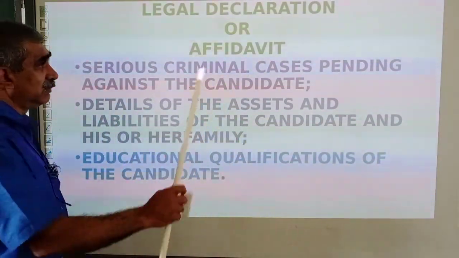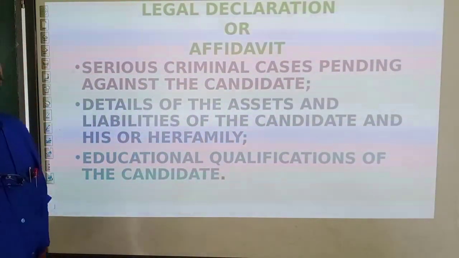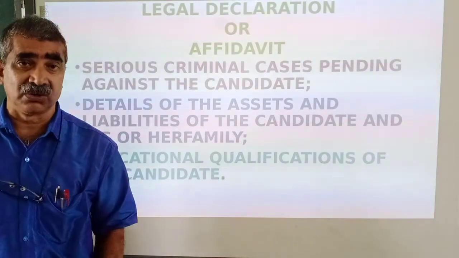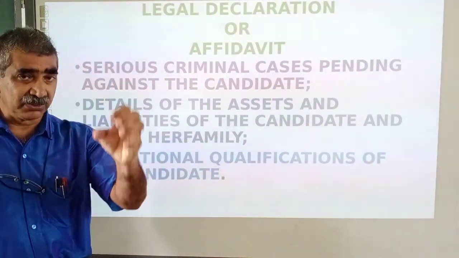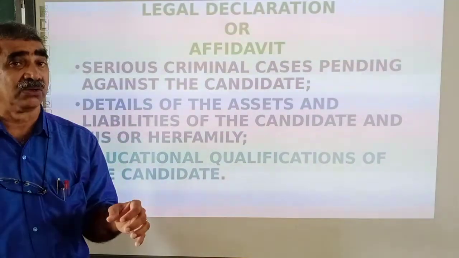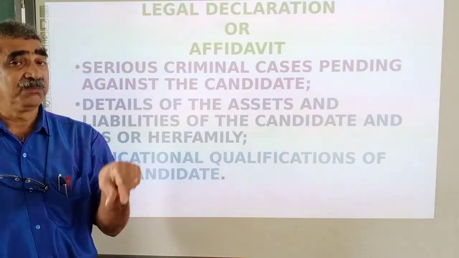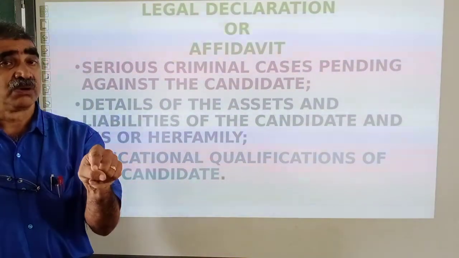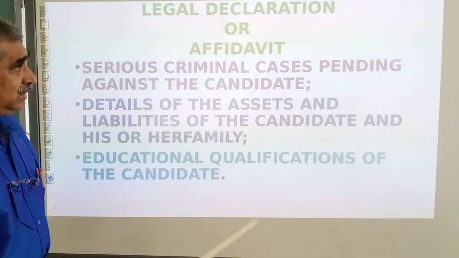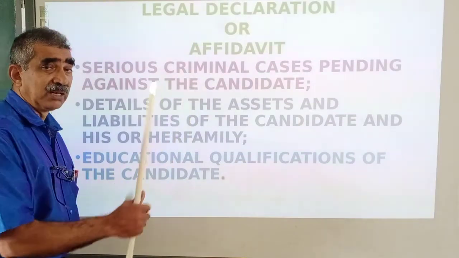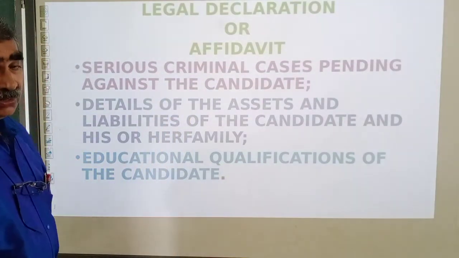Here, serious criminal cases pending against the candidate. Many cases may be there in the court. If the person has not given the details, a list of the cases the person has in court, and after the election it is found out that there was a case against him, he will lose his seat. It is about criminal cases, not civil cases.